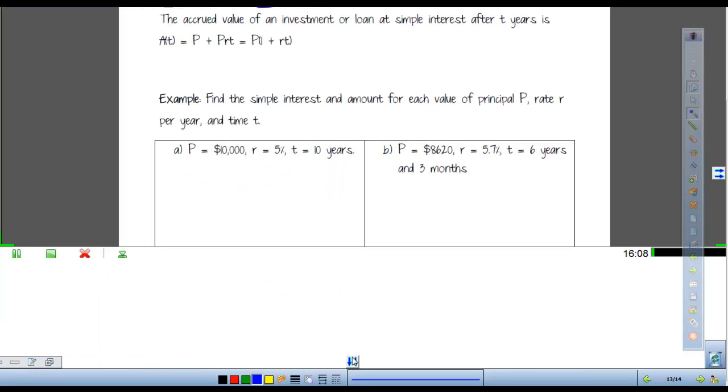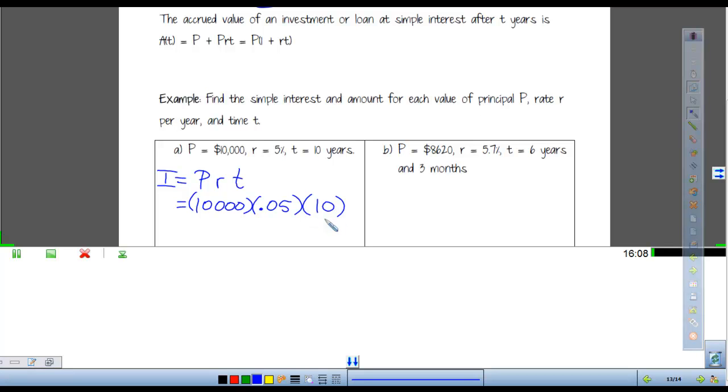Find the simple interest and amount for each value of principal P, rate R per year, and time T. Okay, so we've got a principal of $10,000, a rate of 5%, and the time is 10 years. So our interest is PRT, where the principal is $10,000, the rate is 0.05, and time is 10 years.